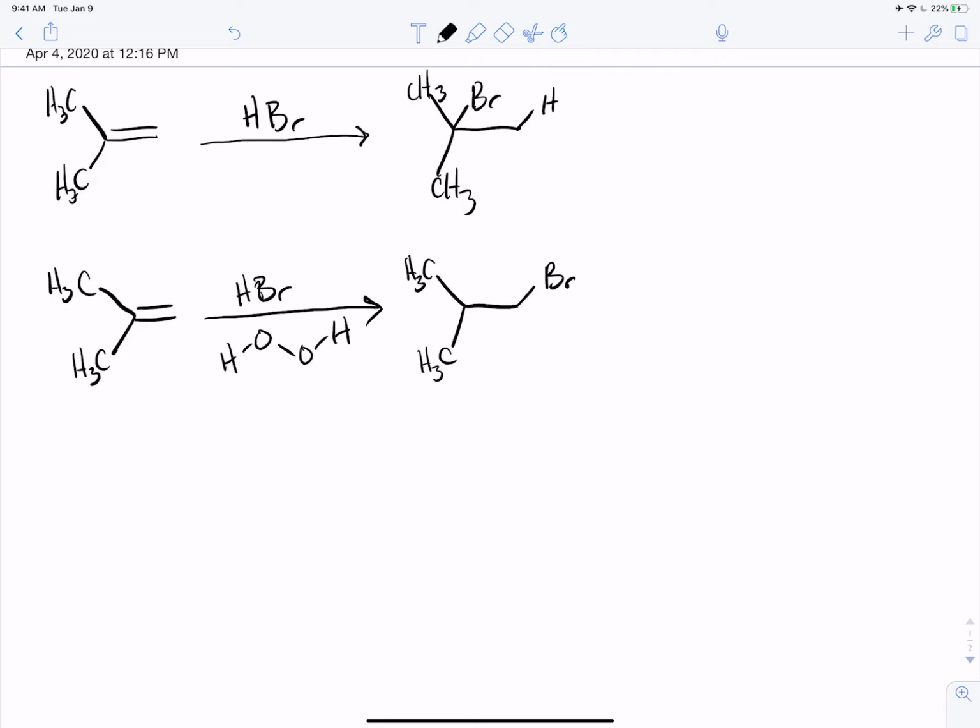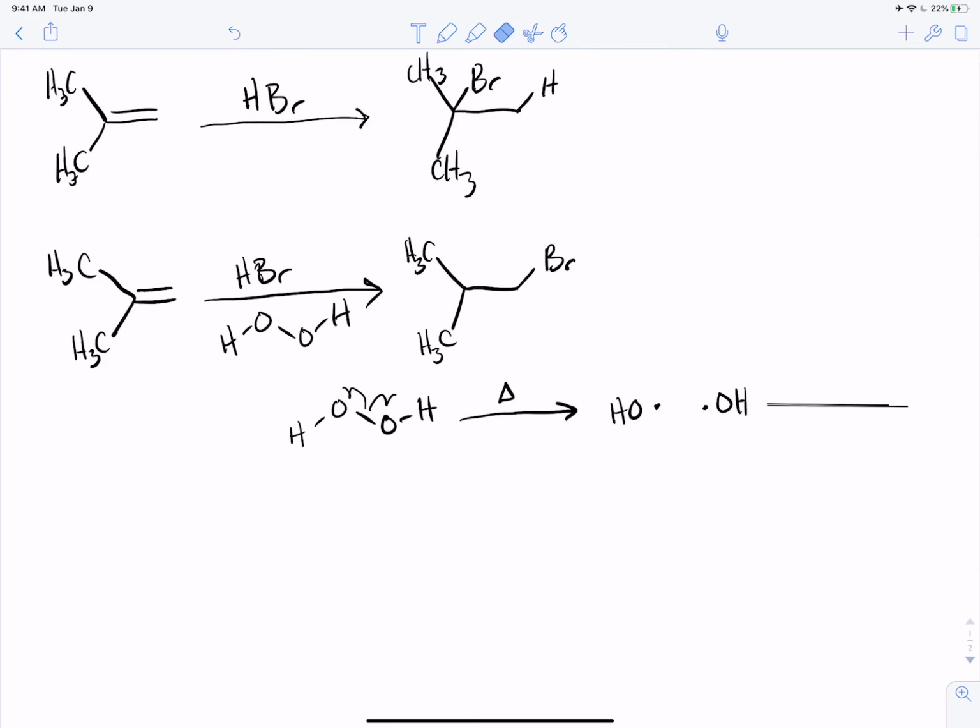So the initiation step for peroxides: you can actually break these down with heat. If you have a bottle of hydrogen peroxide at home, this is probably what's happening as it slowly decomposes. If I put some heat in there, it'll break up homolytically into this, so now I have this really reactive oxygen species.